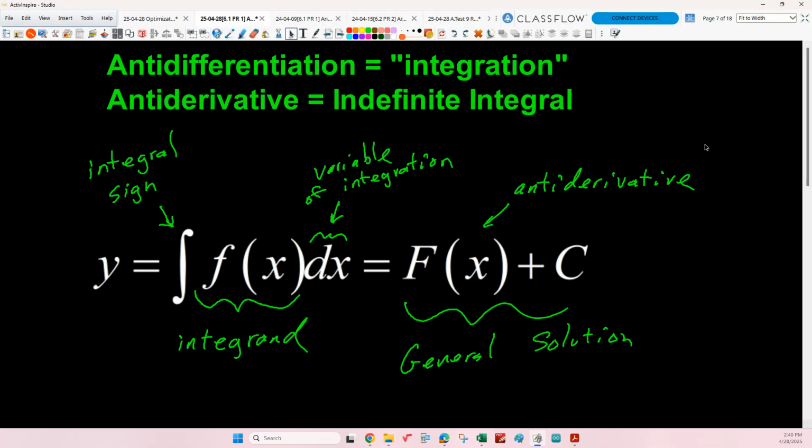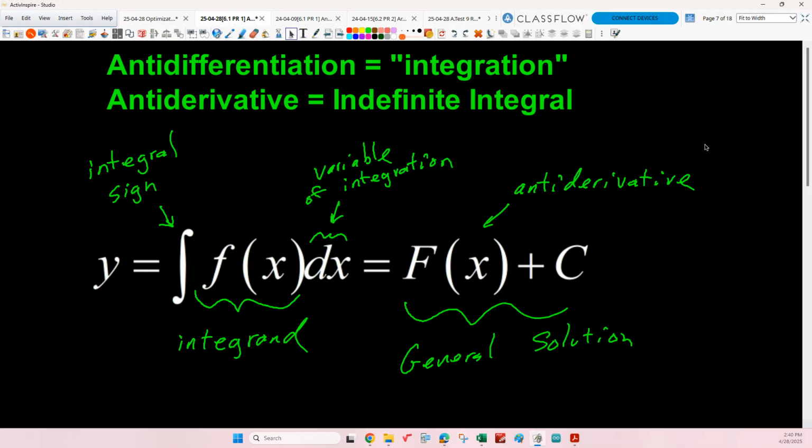Usually it's x. If x is the variable of the function, like if we would plot it on an xy plane, then this would be a dx. Now if we were graphing, maybe t was our variable, then that would be a dt. Okay? This we call the integrand. That's the part that we're playing calculus Jeopardy with, right? So that's how we would write it.